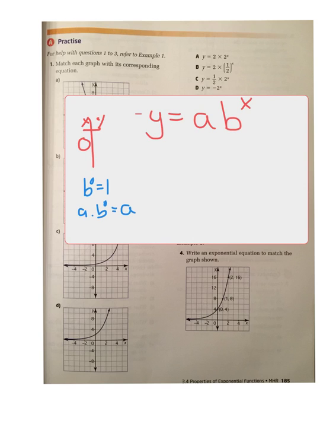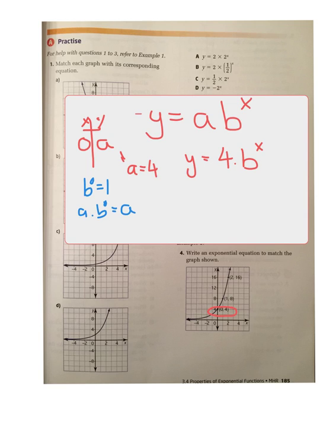So therefore what we're saying is that if x is 0 here, a is 4. So the y-intercept, that point there, is your a value. So a, in this case, equals 4. So now we've got y equals 4 times b to the power x.